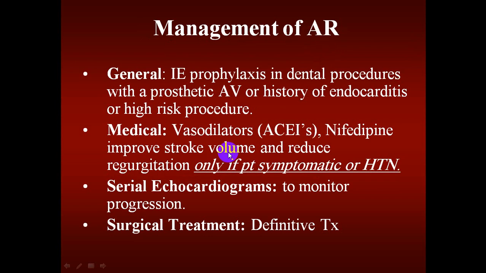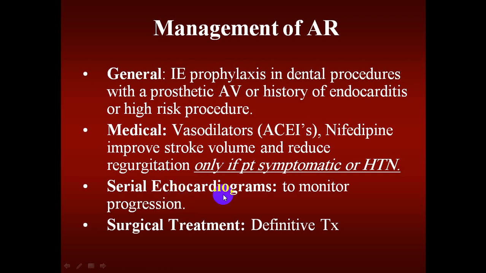In management, infective endocarditis prophylaxis is given for high-risk dental procedures in patients with a history of endocarditis or an aortic valve prosthesis. Medical treatment with vasodilators, ACE inhibitors, and nifedipine improves stroke volume and reduces regurgitant volume, and is given only if the patient is symptomatic or hypertensive. Serial echocardiograms monitor progression.